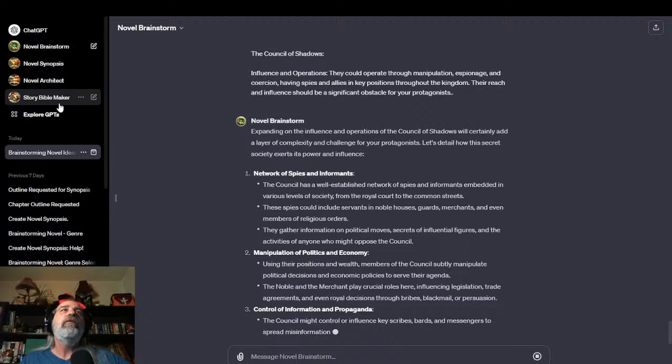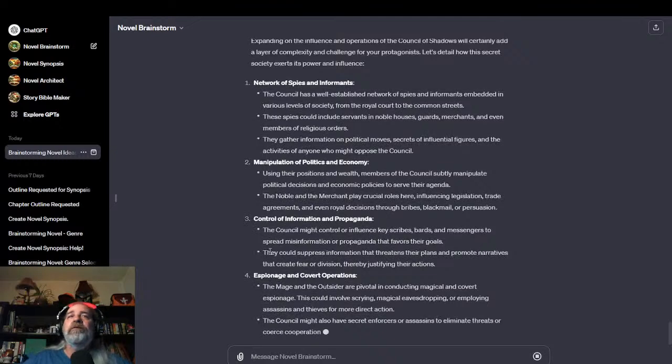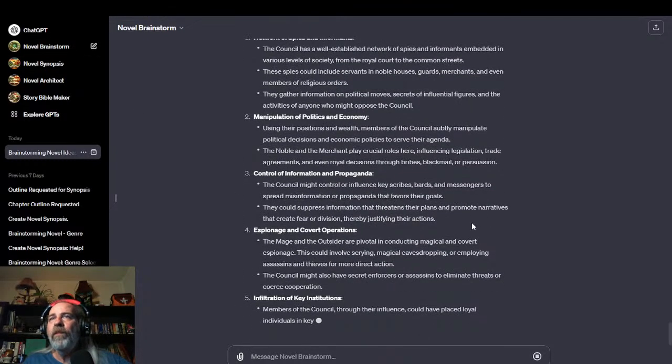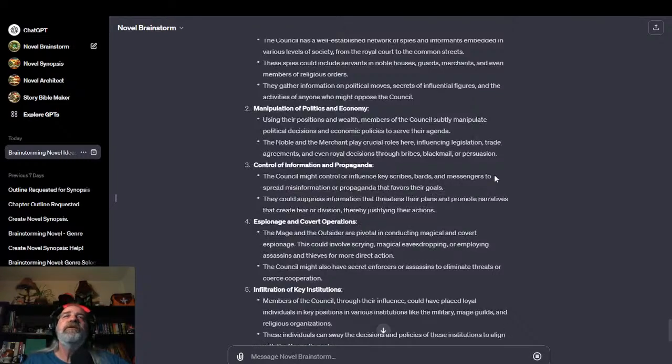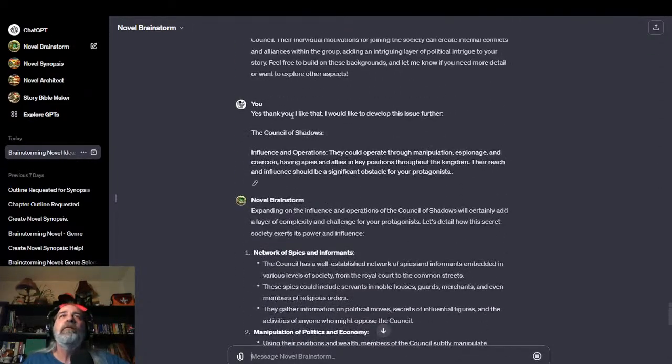So that's the power of the custom GPTs: your prompts don't have to be that good. If the GPT has been designed well, it pretty much knows what to do. Like I just said, I didn't even ask it the question.